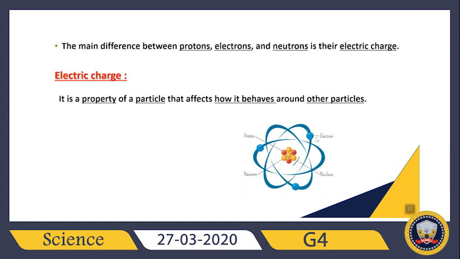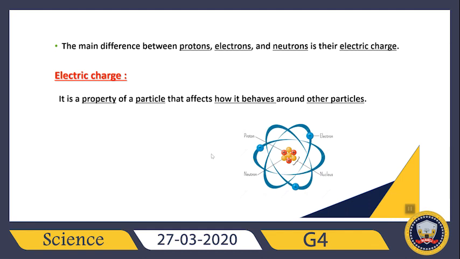So the electrons have a different kind of behavior than protons and neutrons. The property of the particle that affects how it moves around other particles is called the electric charge. So protons, electrons, and neutrons each has a different kind of charge.